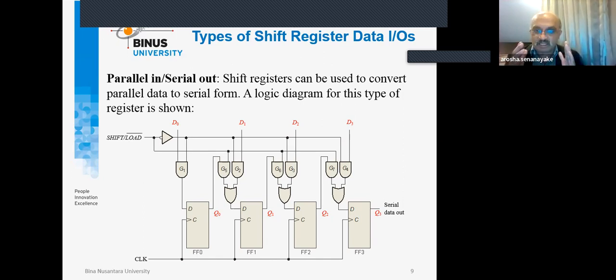In case of 1011 in D, you will find that value. After the second clock pulse is received, Q3 will go out, Q2 later on, and likewise.